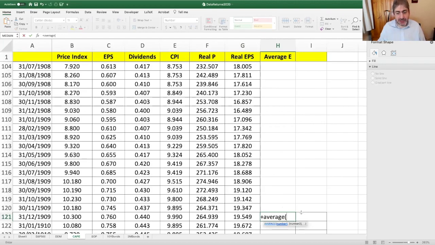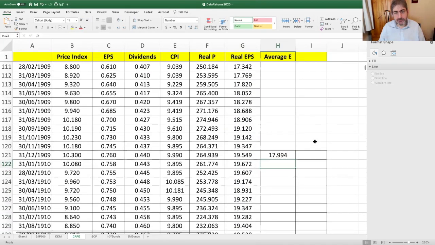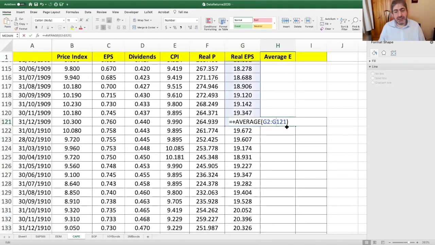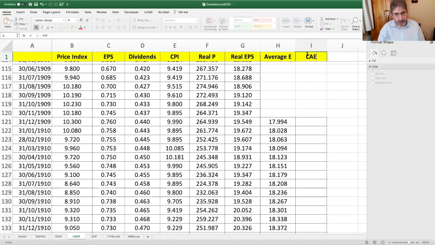And we just do the average of the real EPS. So this is just the average of the last 10 years of EPS. We can push it. And then we can calculate the CAPE. And CAPE is just the real price divided by the average EPS.